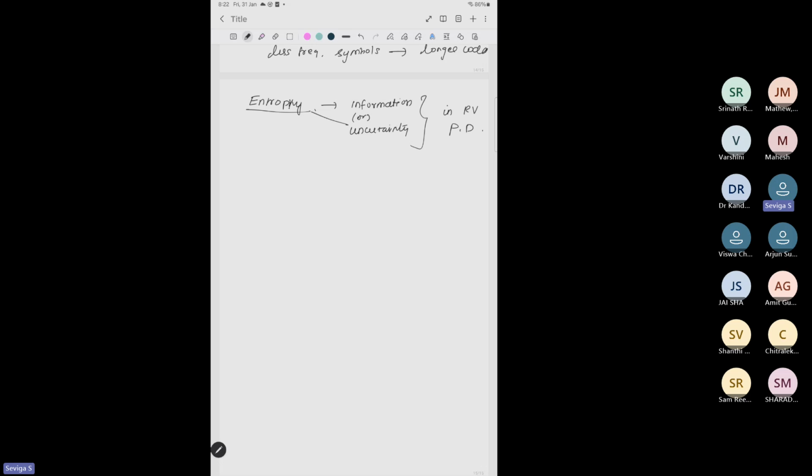So the amount of information, or the amount of uncertainty, is called entropy. It is used to quantify unpredictable or disordered information.